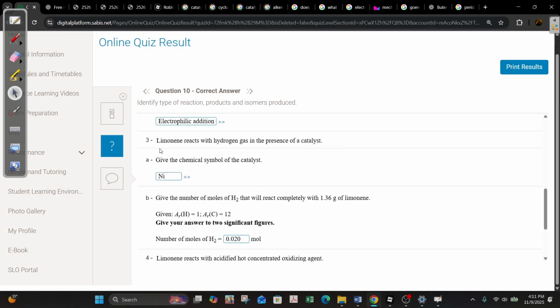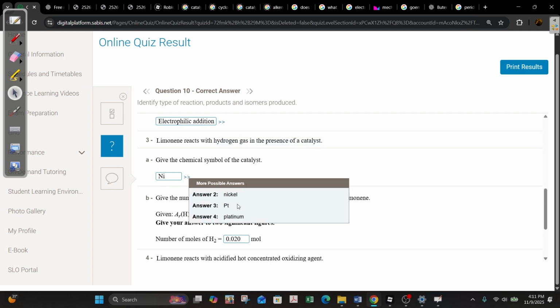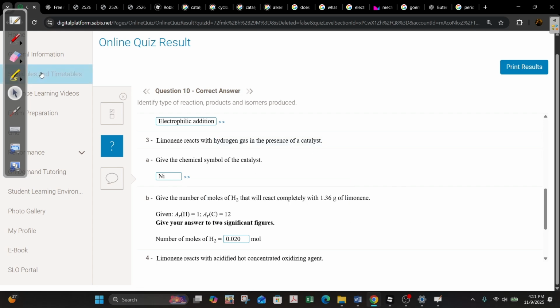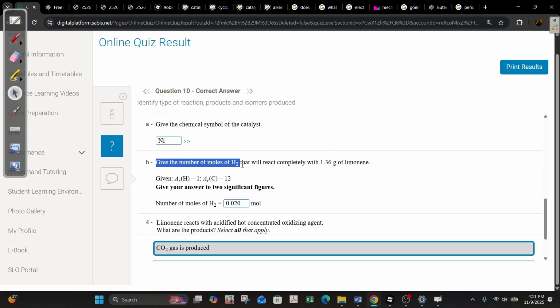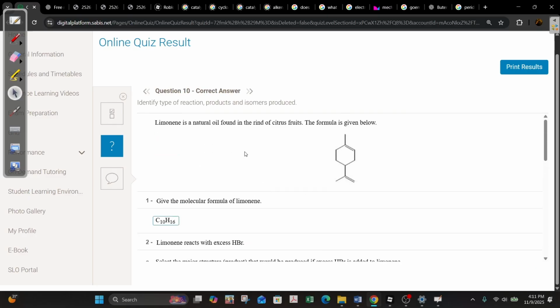Okay. Limonene reacts with hydrogen gas in the presence of a catalyst. The catalyst can either be nickel or platinum. Doesn't matter. Okay, so for the next one, get the number of moles of hydrogen that will react completely with 1.36 grams of limonene. They don't give you the reaction, but you must know that when any double bond breaks, there can't be two positive carbocations.